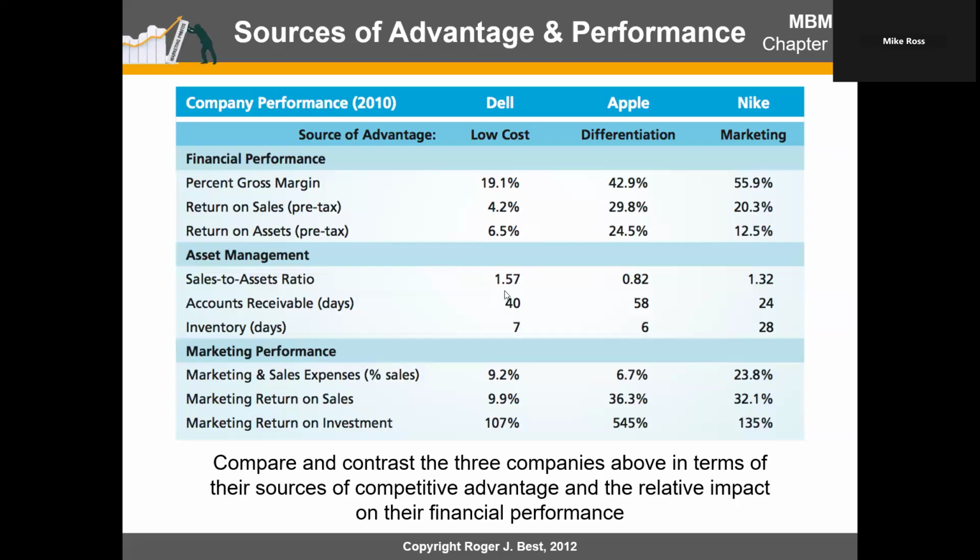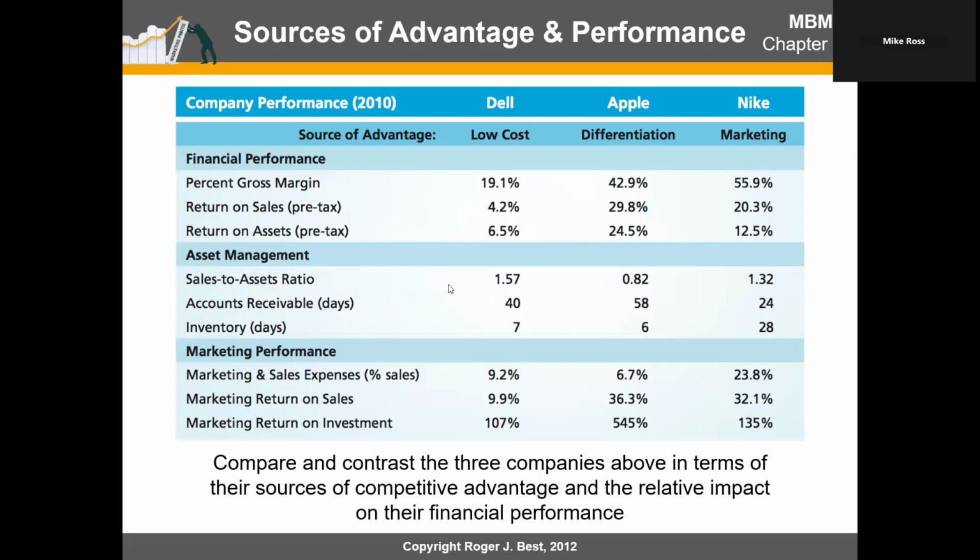But what is interesting as well is we can appreciate the differences here if we just look at Dell and Apple, the gross margin for Dell 19.1 versus Apple 42.9, quite a bit of a difference, almost a little more than double.